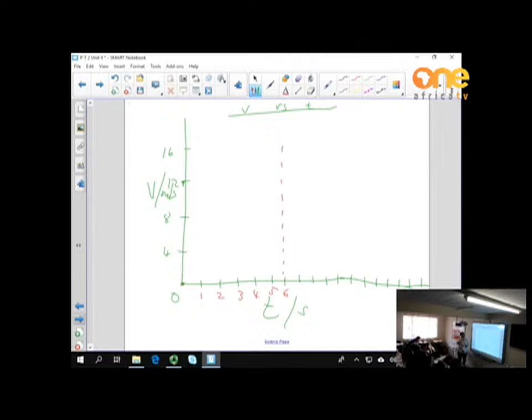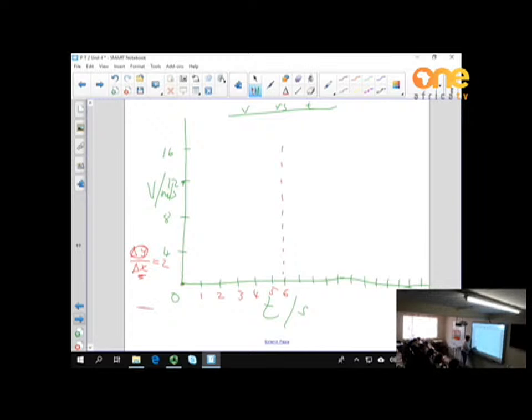How are you going to figure out what his final speed is going to be? Well, now you have to work the back way around, because they say he accelerates at 2 meters per second squared. So change in y over change in x is equal to 2. We don't have that one, but we do have that one.